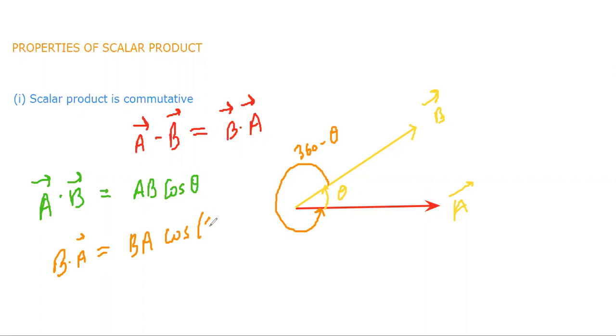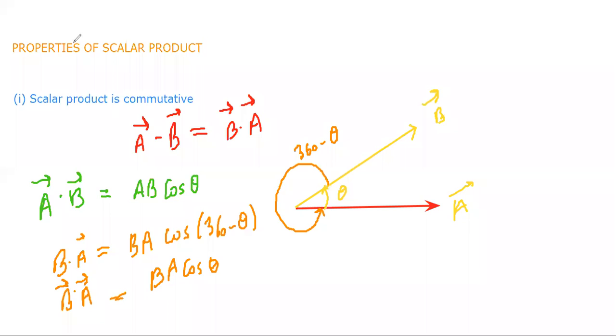It would be cos 360 minus theta, and cos 360 minus theta is cos theta only. So it would be BA cos theta. So they are coming same. As you can see, A dot B is equal to B dot A. So this proves that scalar product is commutative.